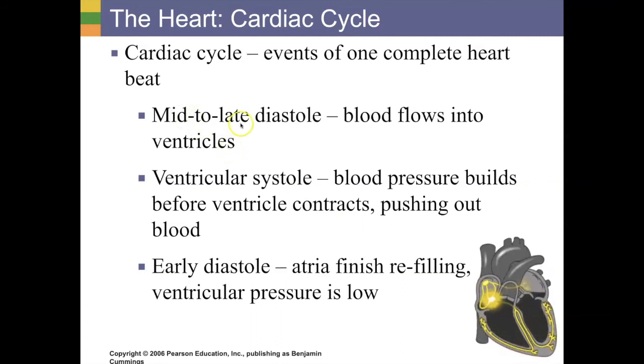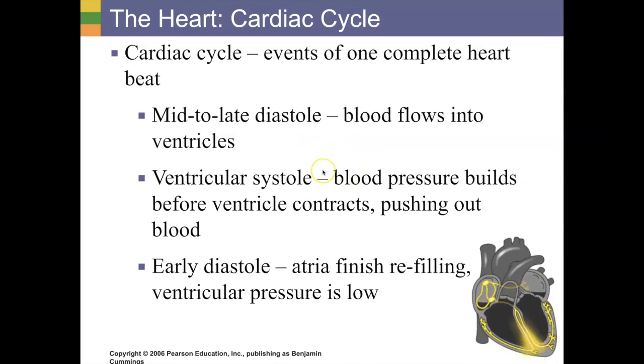It's called mid to late diastole, remember diastole being the rest period, because it's late in that rest period. In other words, during this rest, we do have slight contractions, and those are the contractions of the atria, or the atriums. And so as these atriums are contracting, we're leaving that period of rest and we're starting the contraction process.